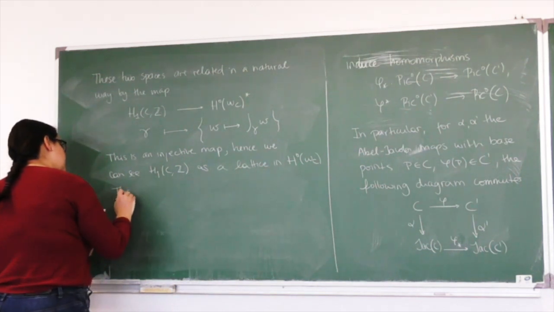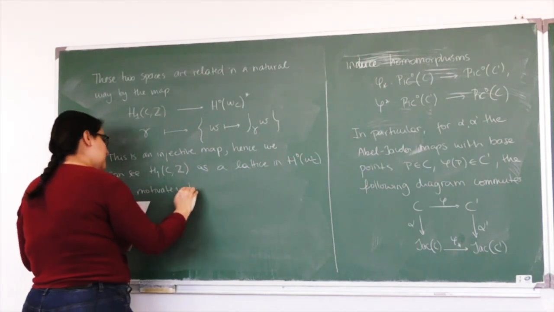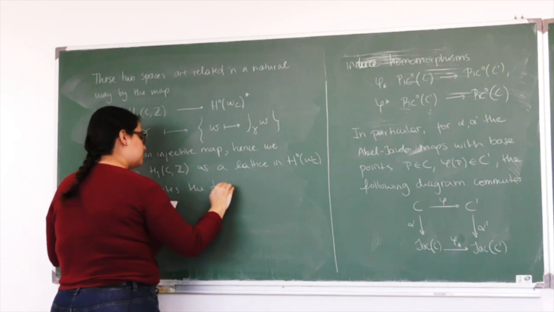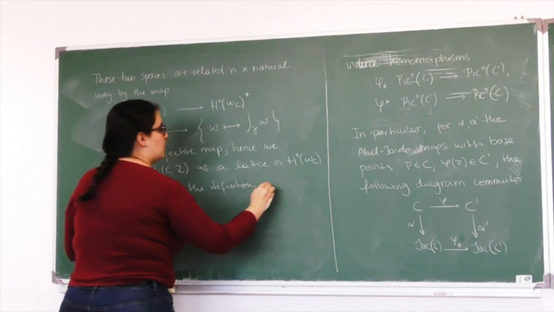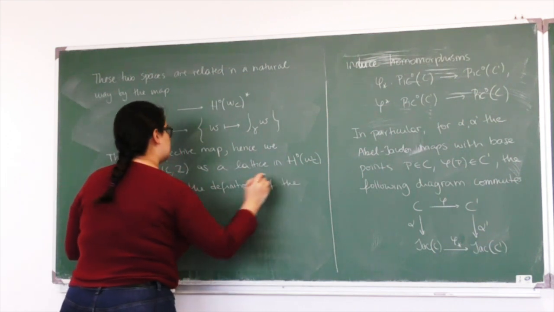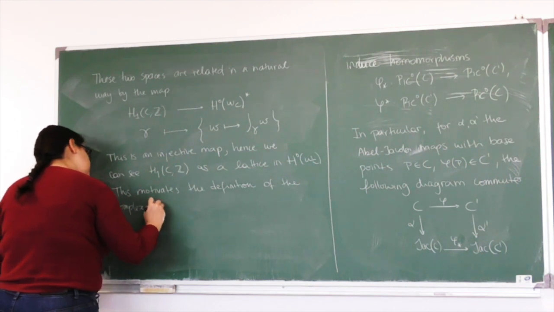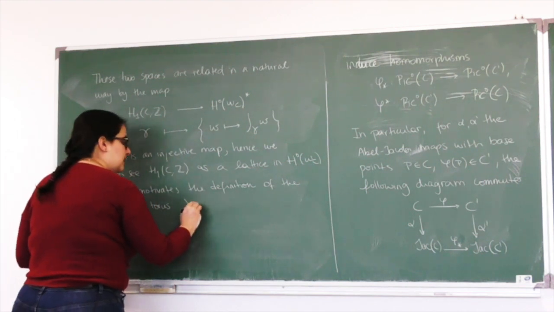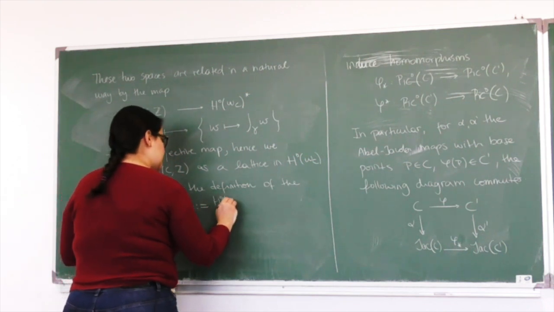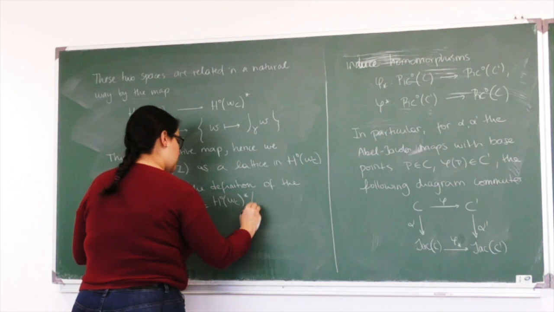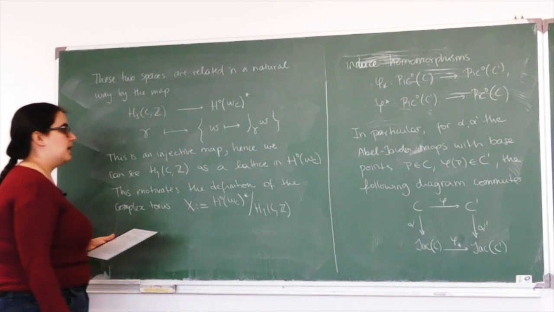And this motivates the definition of the complex torus X given as this vector space quotient out by this lattice.